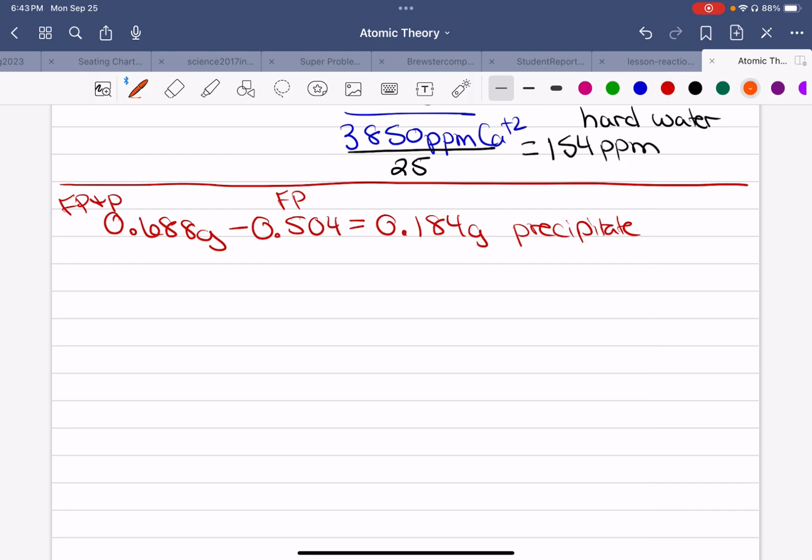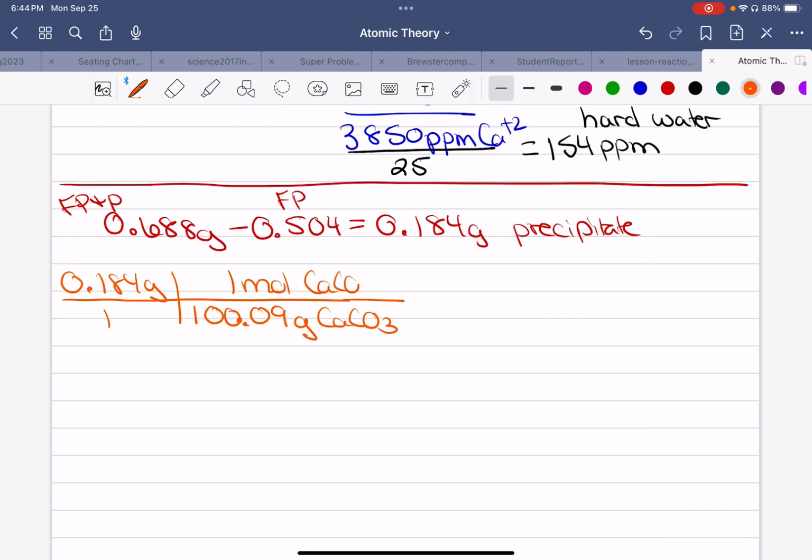I will now take the 0.184 grams of precipitate, and I'm going to convert it over. So calcium carbonate, because that's what I had in there from the reaction, those two. When I perform that operation, I get this number.